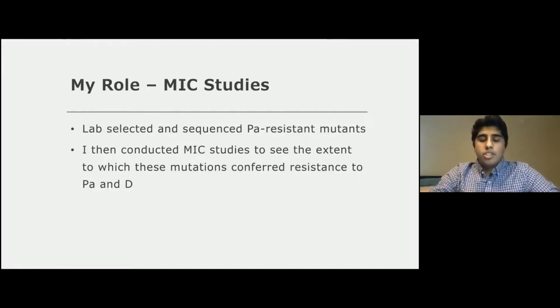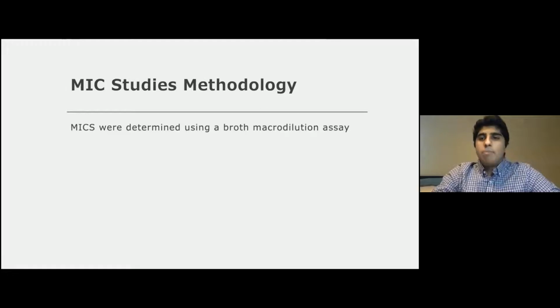Previous literature indicated that because both of these drugs were from the same class of antibiotics, one mutation, if it conferred resistance to one of these drugs, should also confer resistance to another drug. I'll get to my results later, but that really wasn't the case.